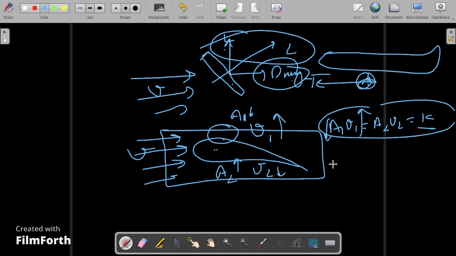Another is Bernoulli's equation, which we know: pressure energy plus kinetic energy plus potential energy is constant. Potential energy is not of much concern in this field because there is no much difference in potential.